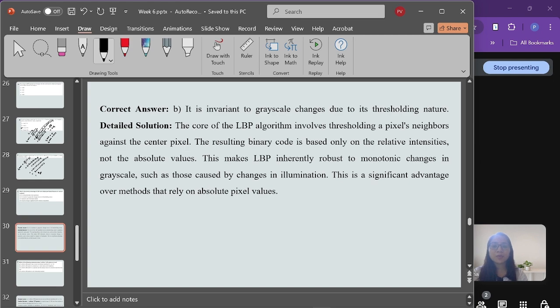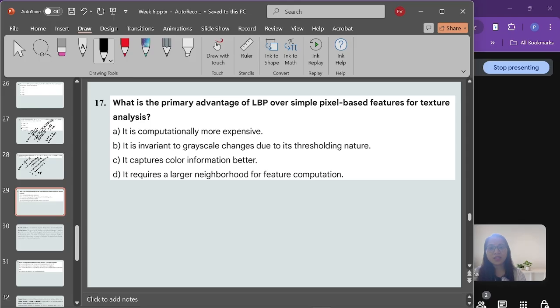So this makes LBP inherently robust to monotonic changes in grayscale, such as those caused by changes in illumination. This is a significant advantage over other methods that rely on absolute pixel values. So option B is the correct answer.